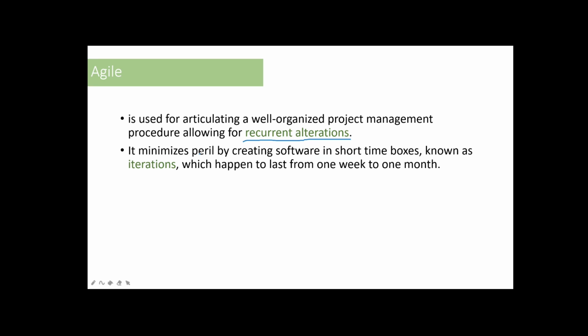So if you guys can observe from the waterfall model, since it doesn't allow us some changes on the previous phases, here in Agile, it actually minimizes spiral by creating software in short time boxes. So these are known as iterations, which happen to last from 1 week to 1 month depending on the duration of the project.